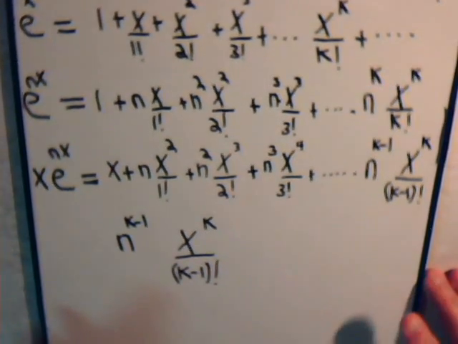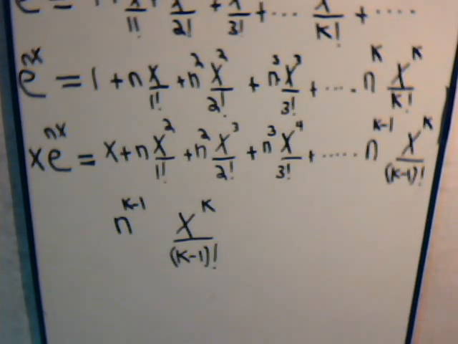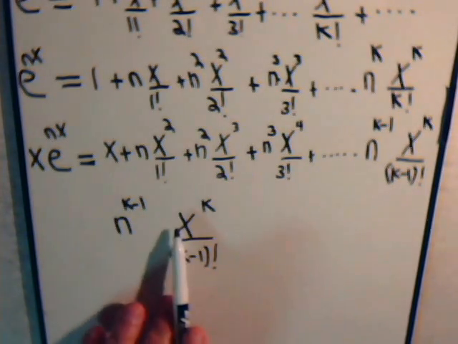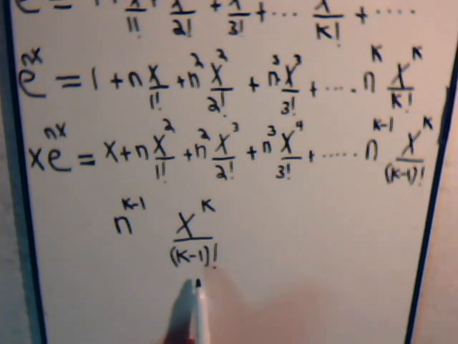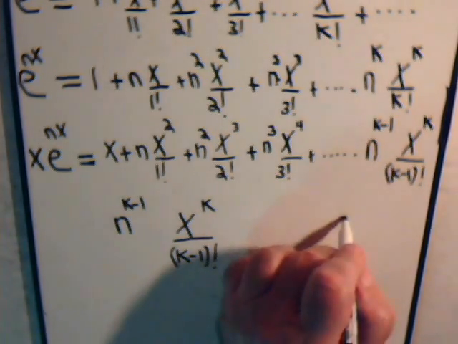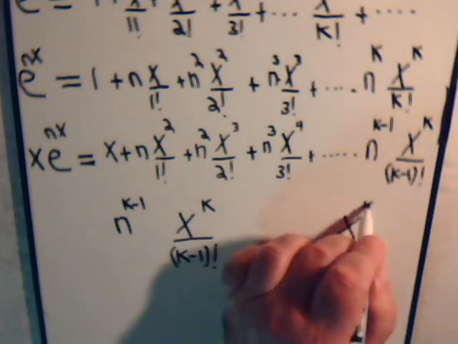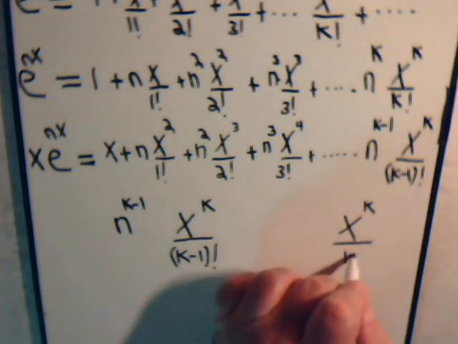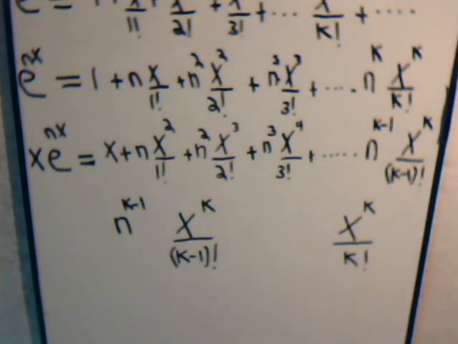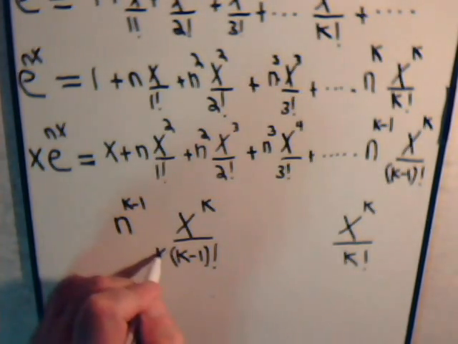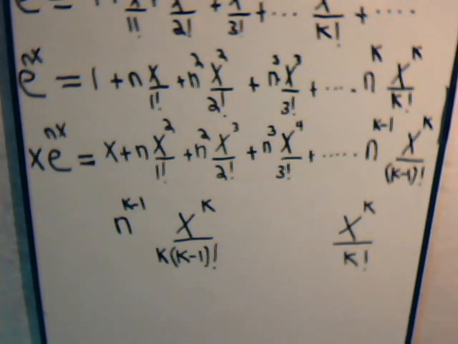divided by k minus 1 factorial. Well, when we're interested in permutation problems, we don't want to know the coefficient of x to the k divided by k minus 1 factorial. We want to know the coefficient of x to the k divided by k factorial. Well, if I multiply this by k, that is k factorial.